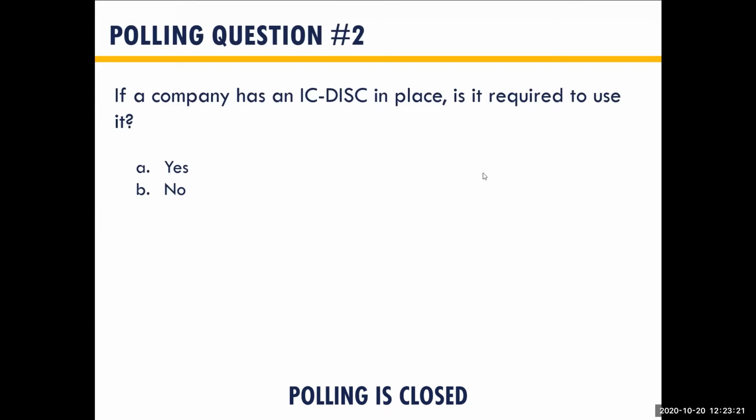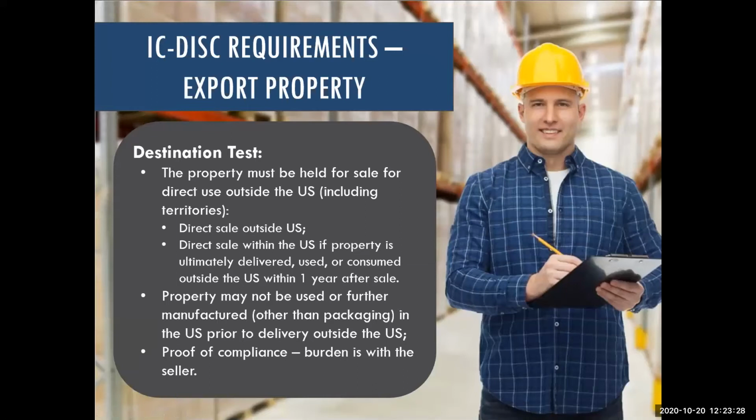The one good thing of an IC disk is that if you have it in place, you do not have to use it every year. Commonly I'll see some companies whose profits will be up and down as the years go along.